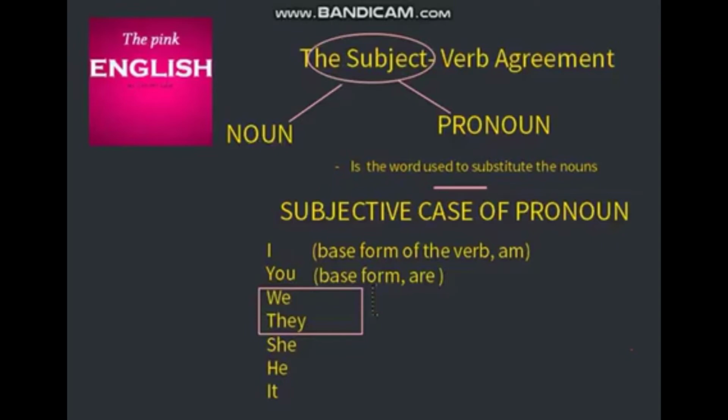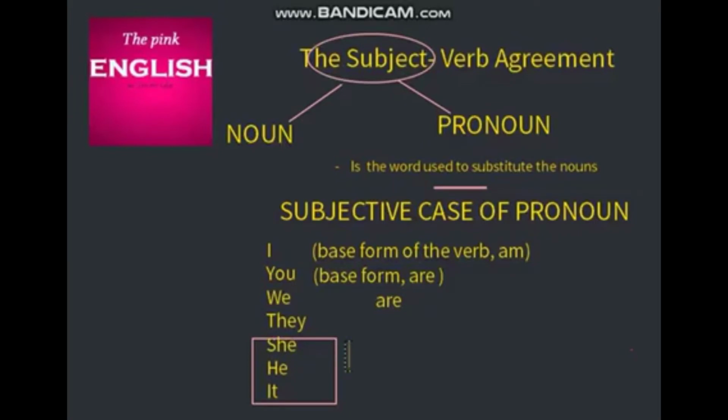Same with you. While the pronouns she, he, and it are always singular.